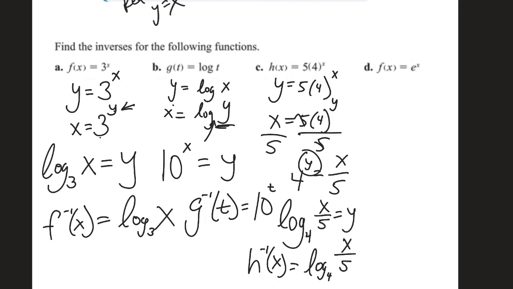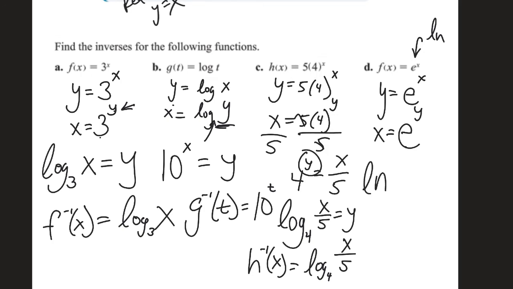D is interesting because you see that letter e. And I told you wherever you see e, you have to use natural logs. So here I am, y equals e to the power of x, and I switch to x equals e to the power of y. I'm going to have to change this to log form. So I'm going to start with natural log.